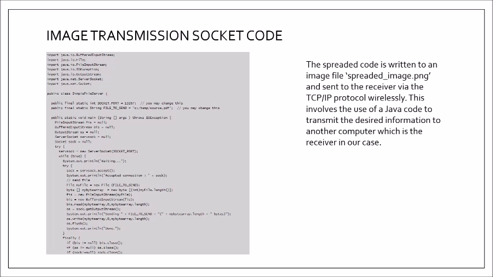This involves the use of a Java code to transmit the desired information to another computer, which is the receiver. Not only this, we also send the goal code as part of a text file via this port.